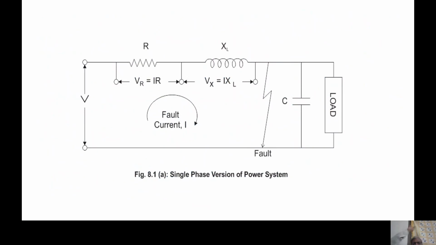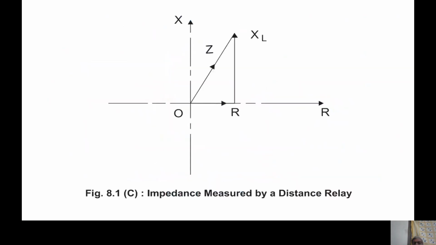This is a simple power system, right? Voltage, load, and R and XL. When a fault occurs, the load is shorted. So V is equal to VR plus Vx. From there, we plotted an impedance triangle R, X, Z, right? And in that R, X, Z, we have seen that the Z measured by the relay is in the first quadrant.